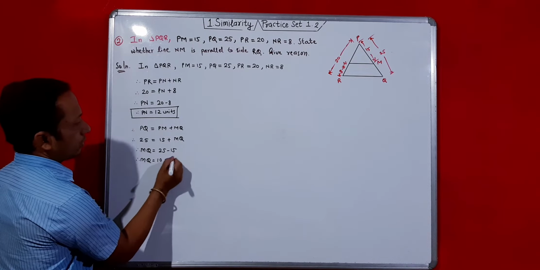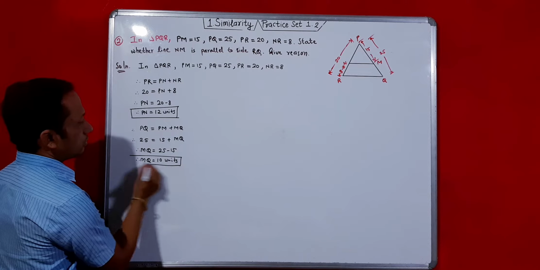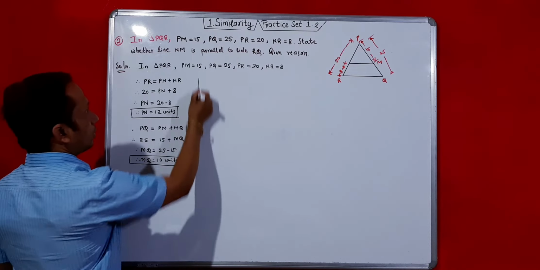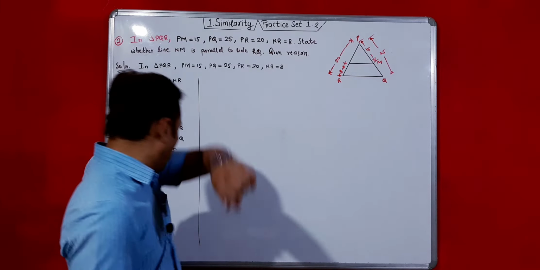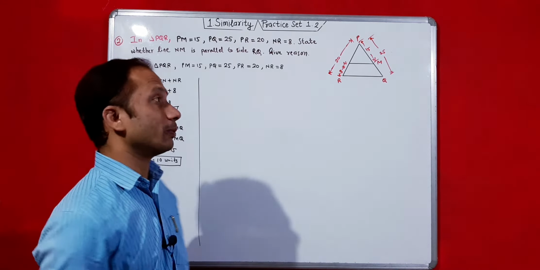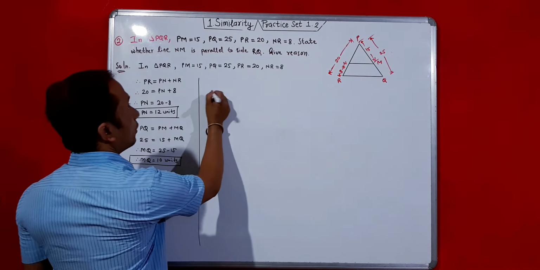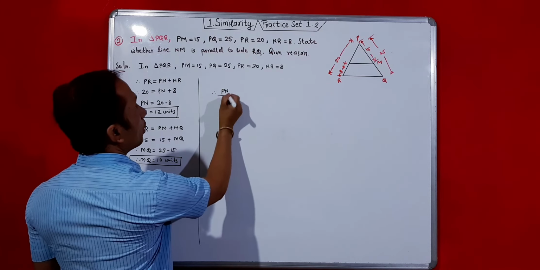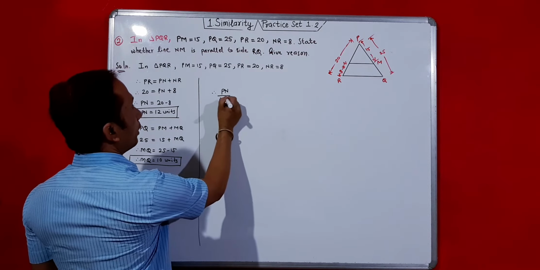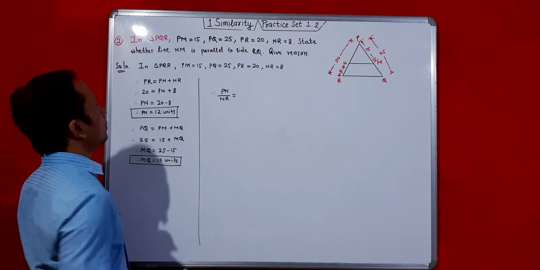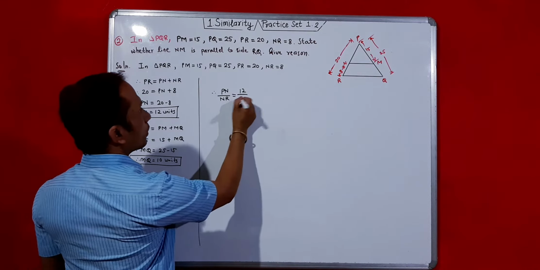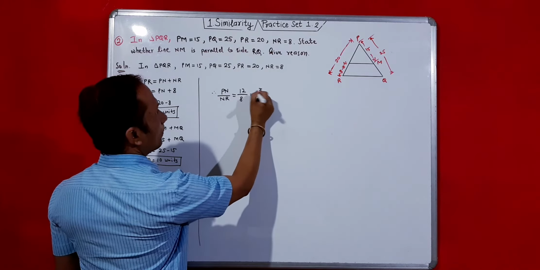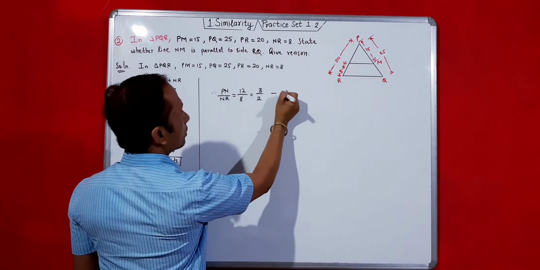After finding these measures, we will use one of the properties, the BPT, basic proportionality theorem. Therefore PN upon NR: PN is 12 upon NR is 8, so it is 3 upon 2. This is the first condition.